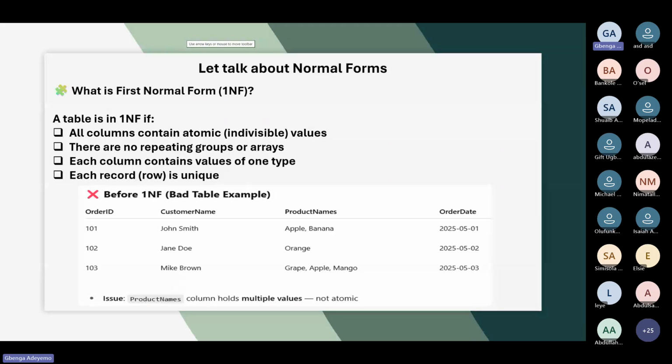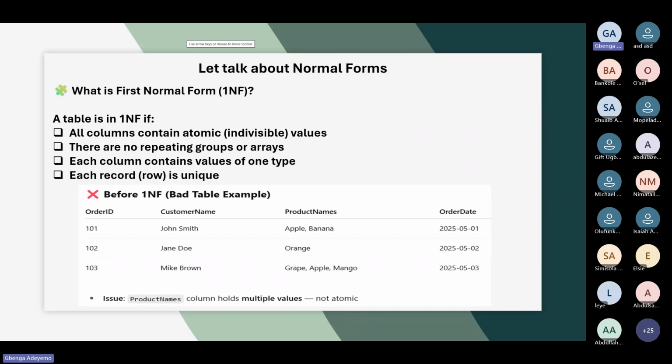When you have gone so granular on something that you cannot divide it again, right? You have to go to that level of granularity before you can achieve one normal form. We are still going to do a hands-on for you to see how you can change a table from whatever form it is to a one normal form.